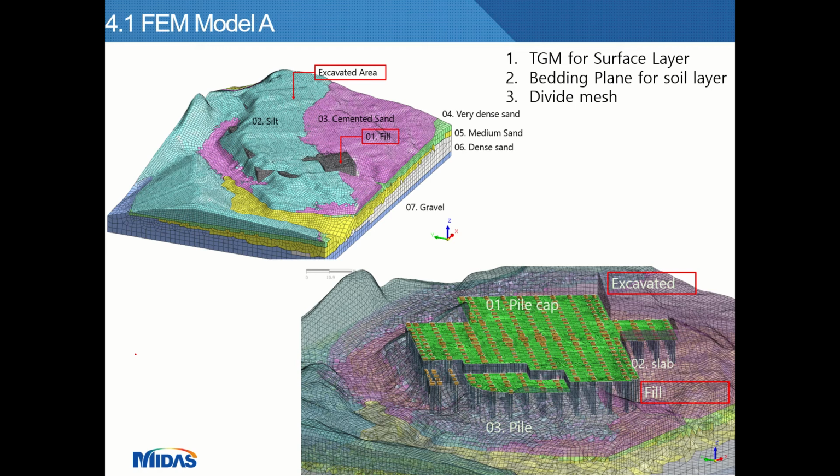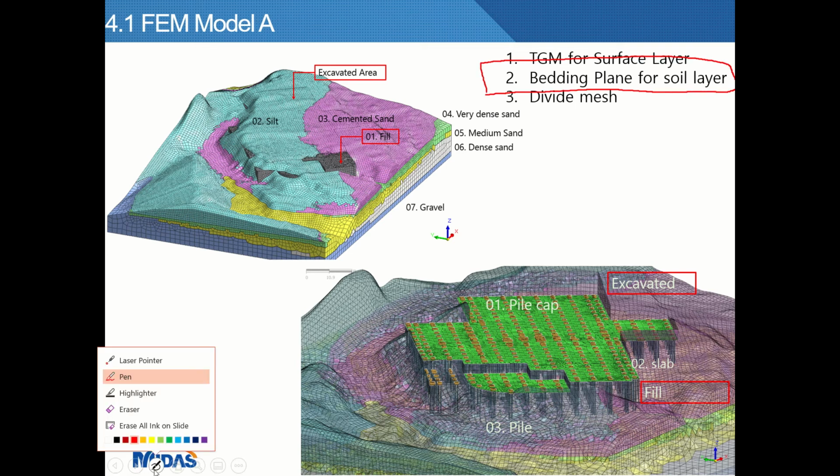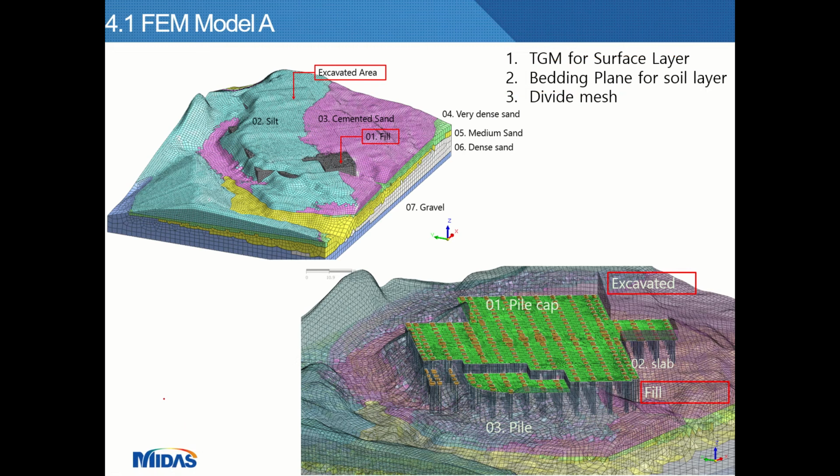Second, I'm going to introduce bedding plan for the soil layer. Last, I will introduce divide mesh. At the end, from this initial condition, I'm going to excavate here. This is all excavated and some parts are filled.